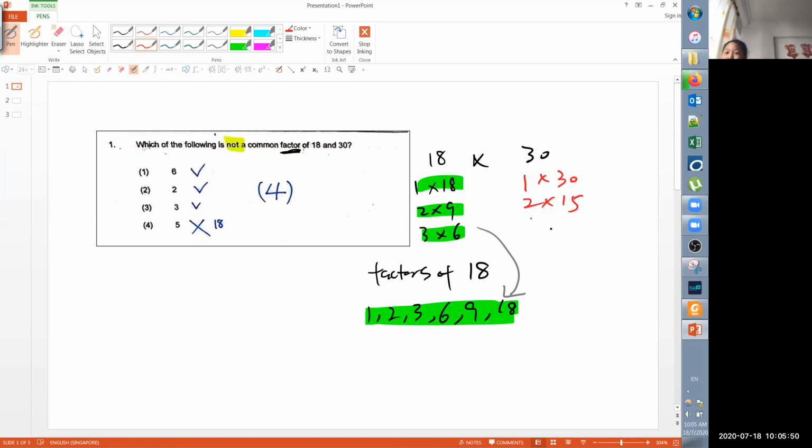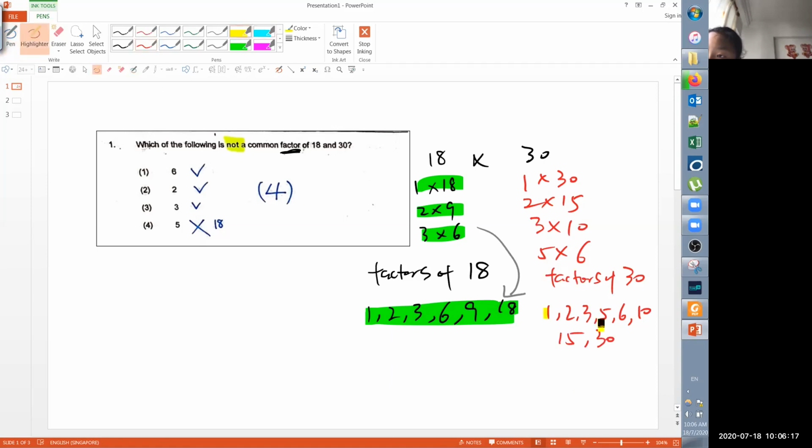Very quick one: 4 doesn't work, 5 works, and then 6, so you don't have to go beyond this. The factors of 30 are 1, 2, 3, 5, 6, 10, 15, and 30. You compare all this, and pick the common ones.